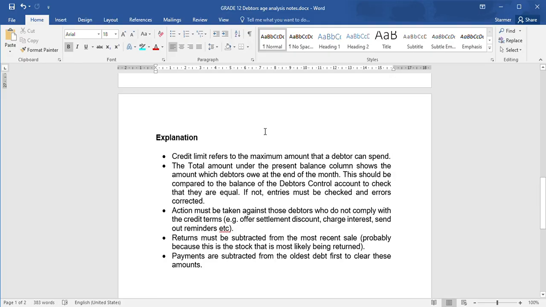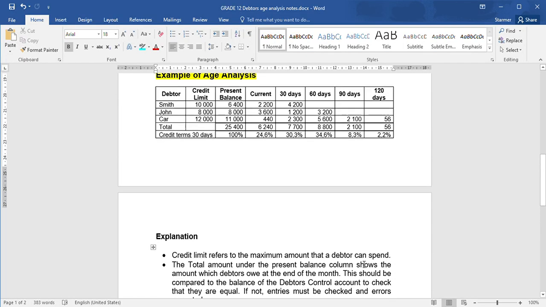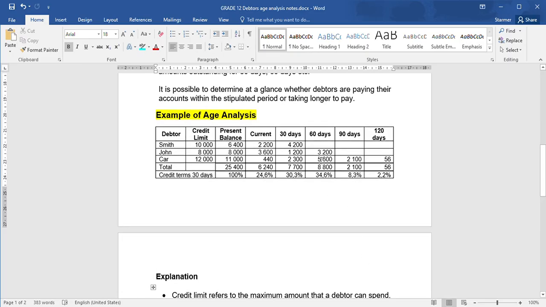Whereas if you're dealing with payments, you're going to subtract from the oldest debt first to clear these amounts. So let's say this debtor here, John, paid you 4,000 Rand. First of all, you'll subtract the full 3,200 Rand from 60 days. And if you paid 4,000 Rand, that would leave 800 Rand, which would come off his older debt, the 30 days. So you take the oldest debt first, clear it, then move to the next oldest debt, if necessary clear it, otherwise just subtract what amount was still left over.